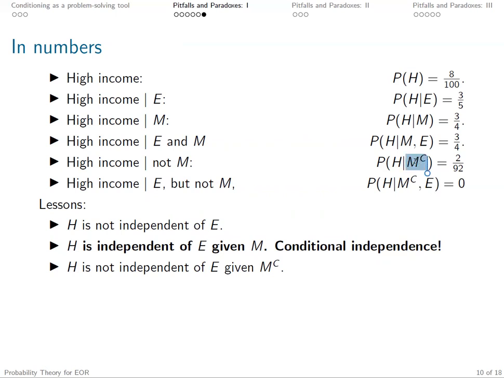Conditional on not liking mathematics, the conditional probability of earning high salaries is non-zero. But if we now learn something extra, like these ones are also doing econometrics but not liking mathematics, the conditional probability here is updated to a lower number, 0.